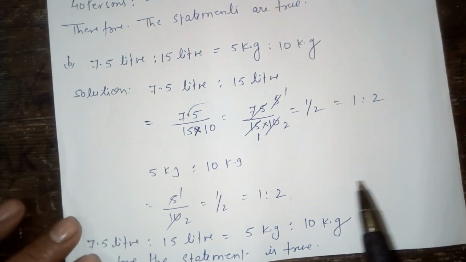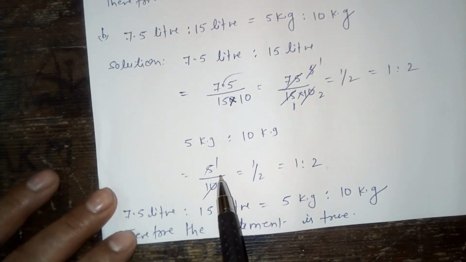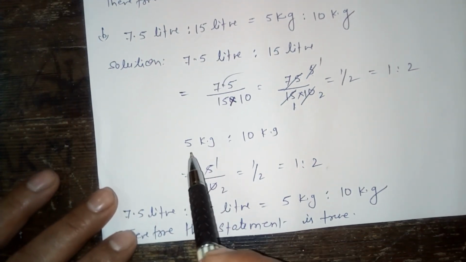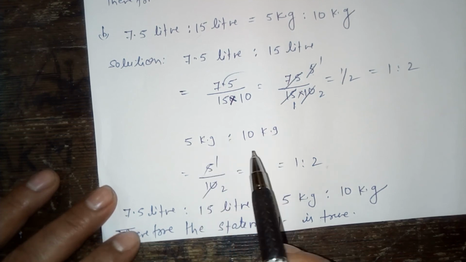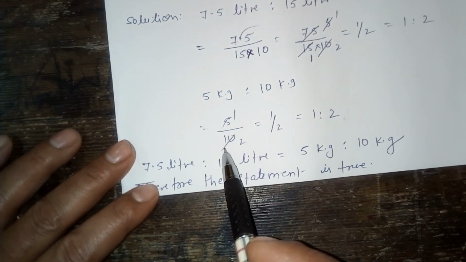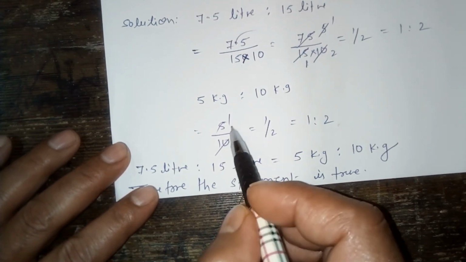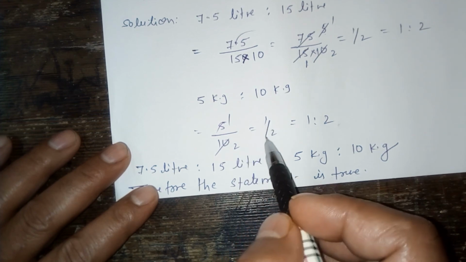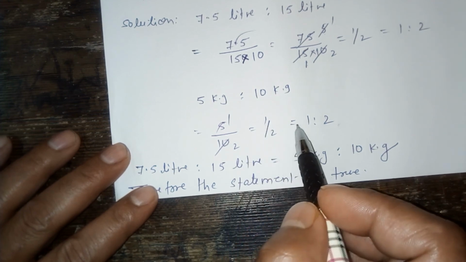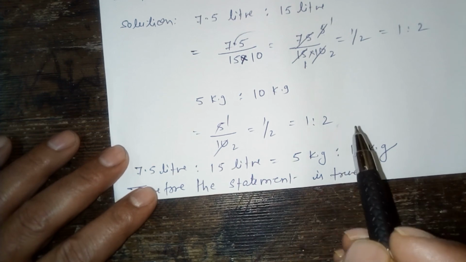Again we will find out the ratio of 5 kg is to 10 kg. Kg means kilogram. It will give you 5 upon 10. 5 1s are 5, 5 2s are 10. It will give you 1 upon 2, which is 1 is to 2.